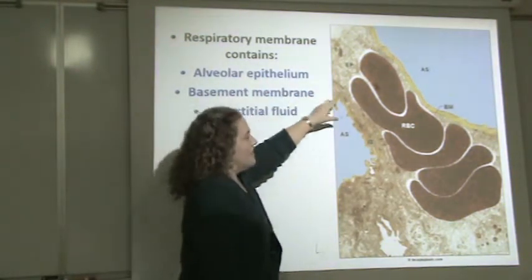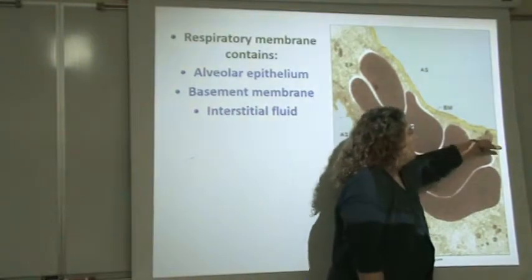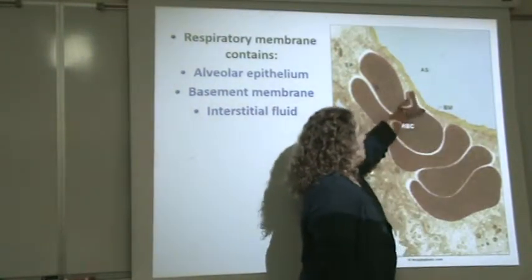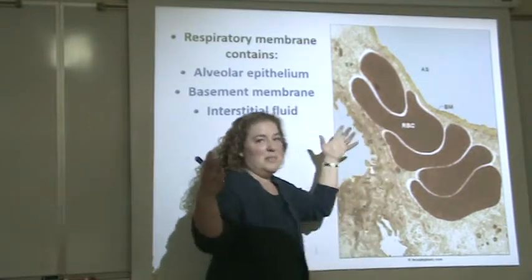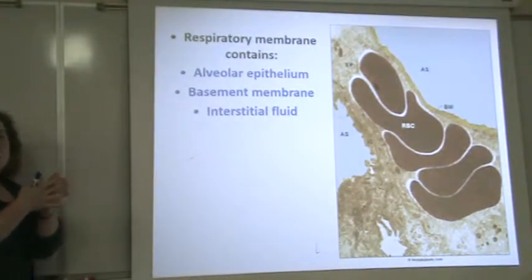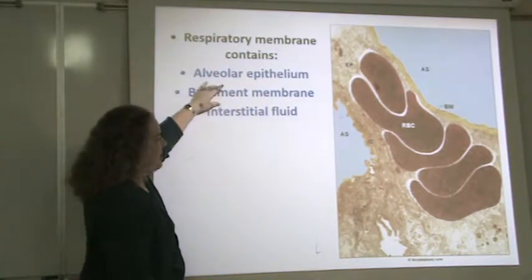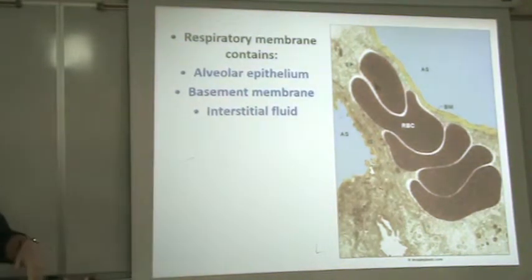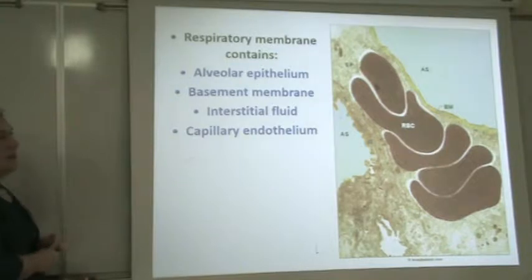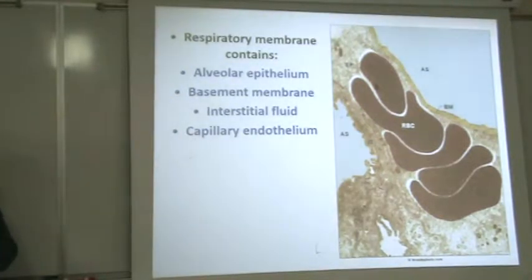In amongst that is interstitial fluid. It's so small, you don't see a big depth of it, but it's there. So there's some fluid kind of surrounding this membrane and touching the next layer, which is capillary endothelium. Capillary wall.